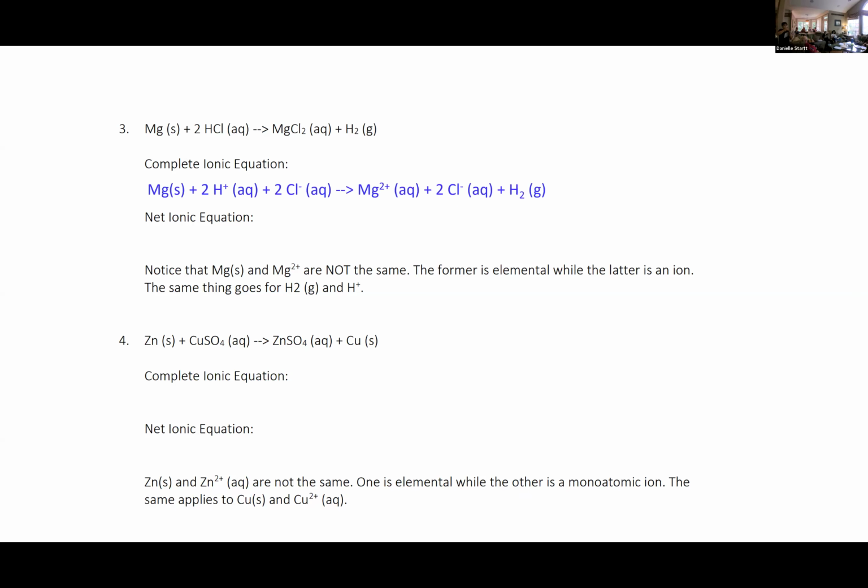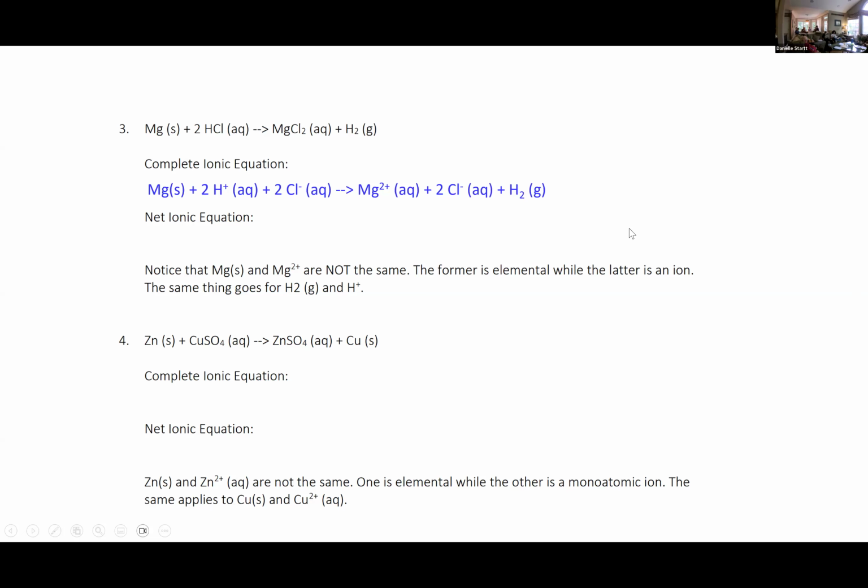It should look kind of like this. Your magnesium is still on its own, right? When you break up the hydrochloric acid, your hydrogen's a plus, your chlorine is a negative. You got 2 of each, right? Over here, you've got your magnesium, which is a 2 plus, and then you have 2 of these chlorides, and then you've got this hydrogen all by himself over here.